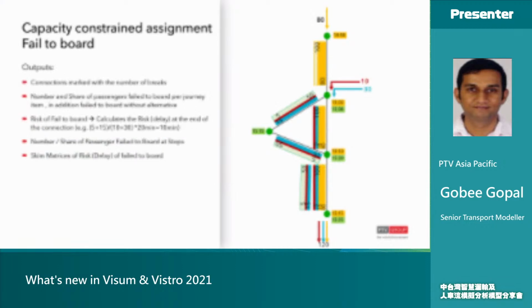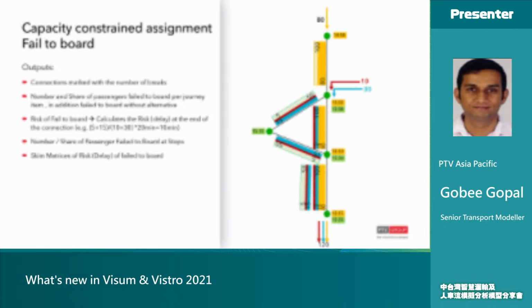So the output the user can get is that the connection is marked with the number of breaks. You can see the number and share of passengers who failed to board per journey item. In addition, there is fail to board without alternative, and risk of fail to board, which calculates the risk delay at the end of the connection, like 5 plus 15. So this is the formula.